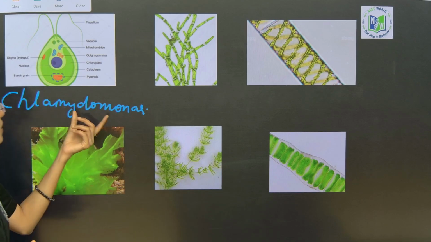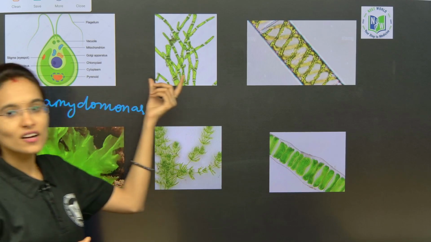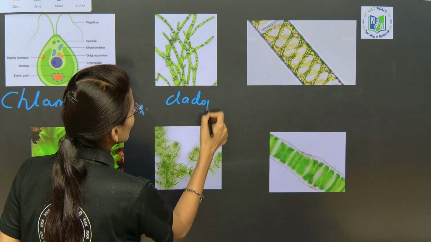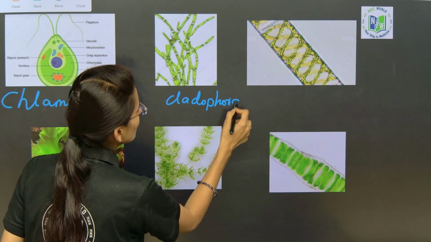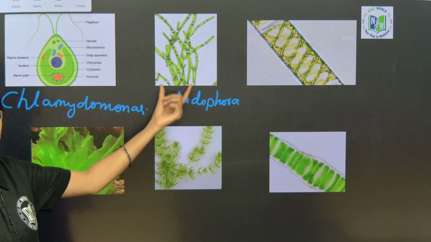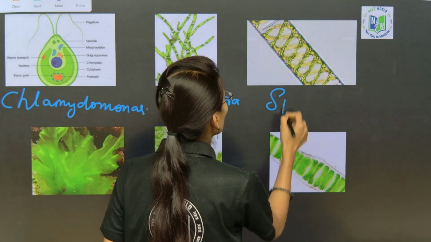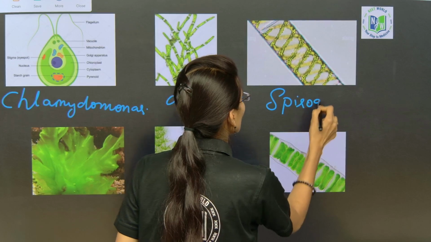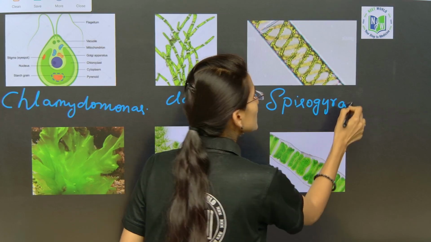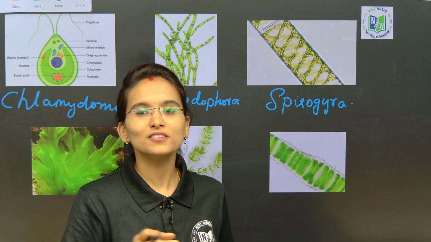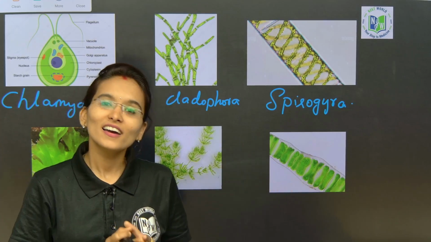So Chlamydomonas is a unicellular algae, and this is Cladophora. Next, have a look at this, it is Spirogyra. These are the most important examples that you all need to remember, extracted from your NCERT itself.